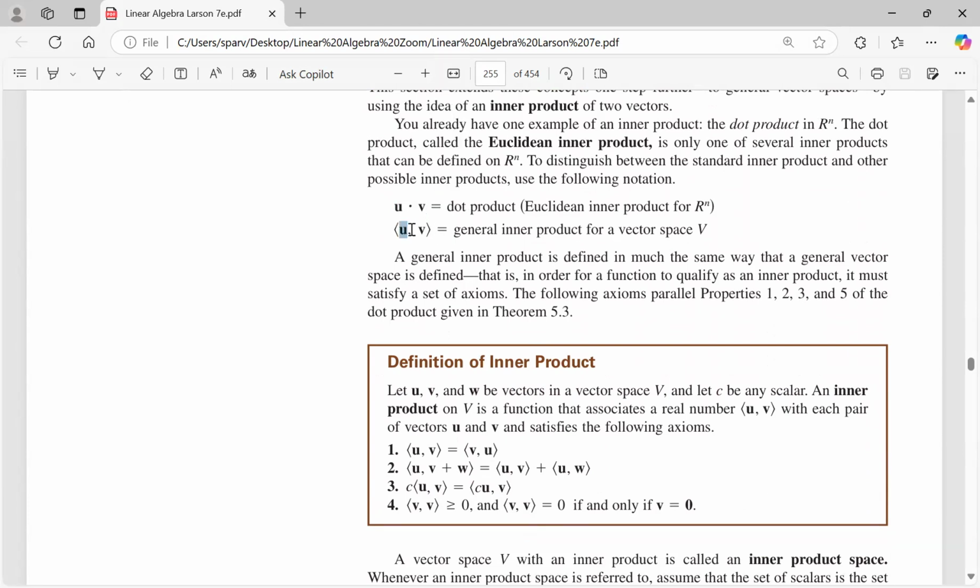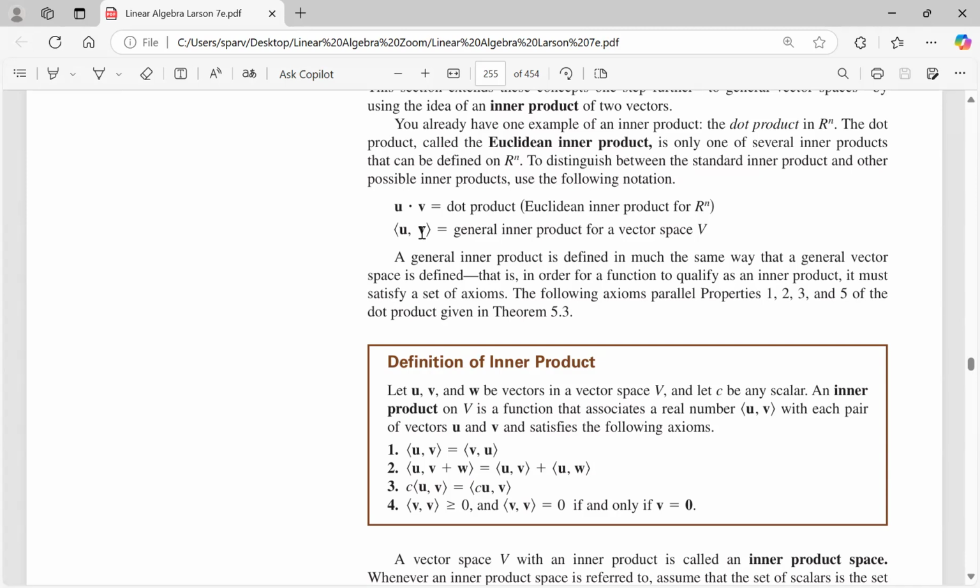After the break, we're going to generalize it. So for any general inner product on a vector space, we're going to use the angle bracket. There's no dot here. But this means dot product, inner product, if you will, but for the non-Euclidean version.